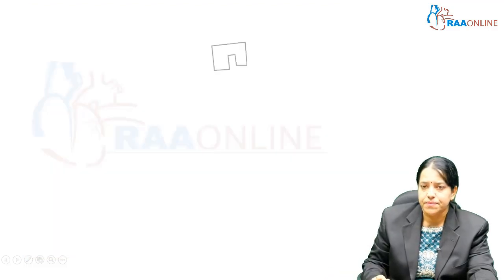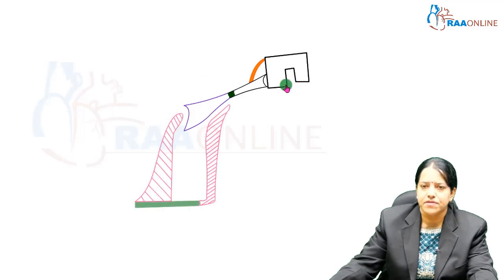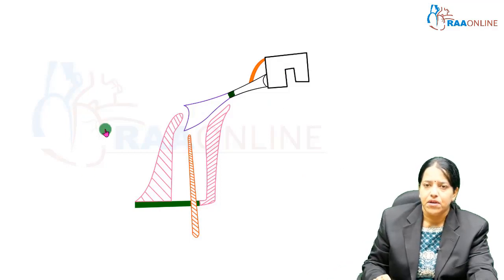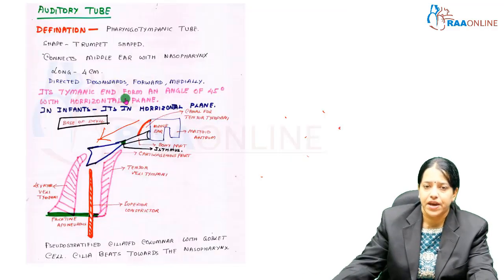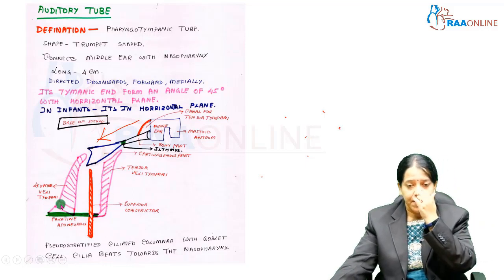Coming to the animation, you can see this is the cartilaginous part and this is the bony part. If we go back to the main diagram, that is the middle ear cavity and this is the pharyngeal end. You can see two muscles which are intimately related to the eustachian tube: the levator veli palati and the tensor veli palati.